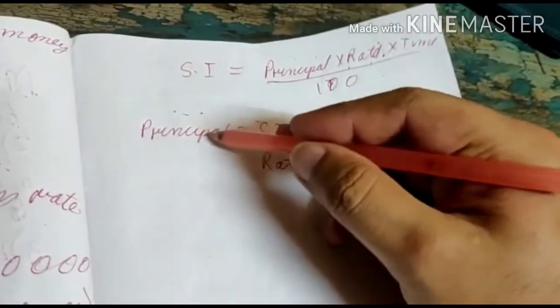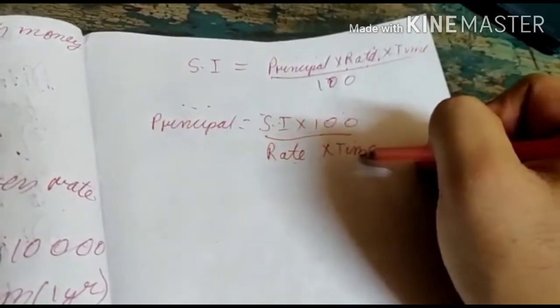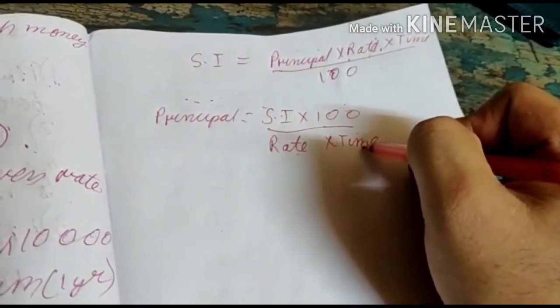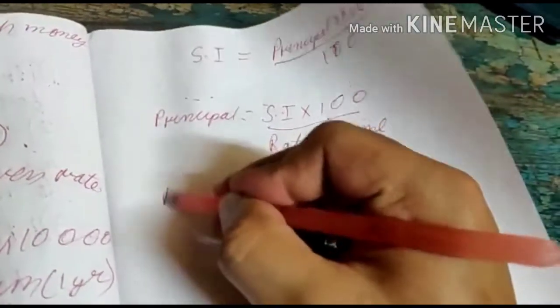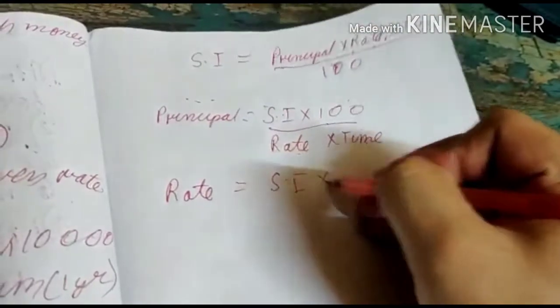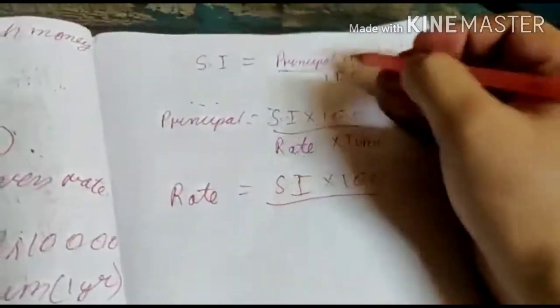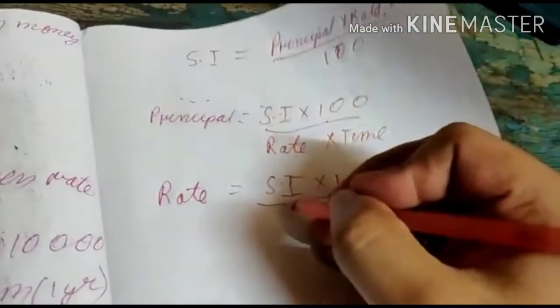So we got a formula for principal equal to simple interest into 100 upon rate into time. Or if we keep rate there and move everything else, we get upon principal into time.